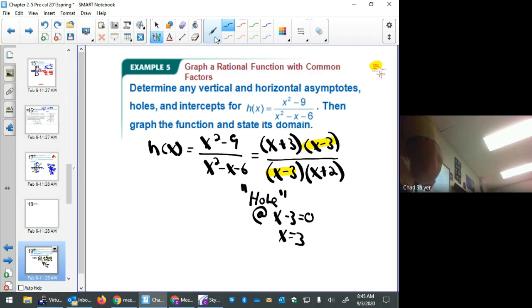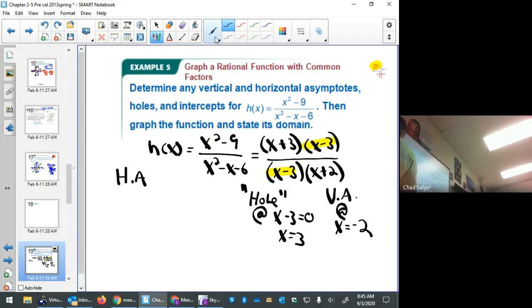So we have a hole at x equals 3, and then a vertical asymptote at x equals -2. We've got a horizontal asymptote, because we have n equals m here, at the ratio of the leading coefficients, which is 1/1 or just 1. And we won't worry about the intercepts in this case.